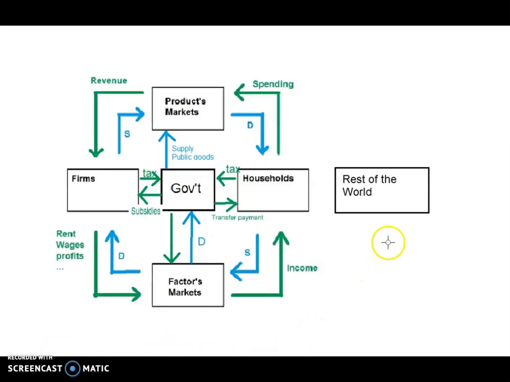In the circular flow diagram, we add one more rectangle here, which represents the rest of the world. When we buy goods made outside our country and imported into our goods and services market, this is import. Import, in fact, is supply because it adds more goods and services in our products market for the consumers to purchase.